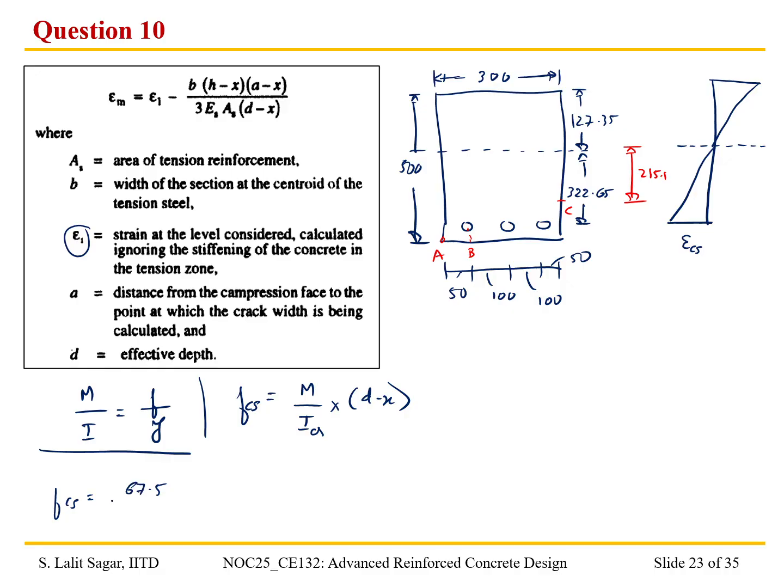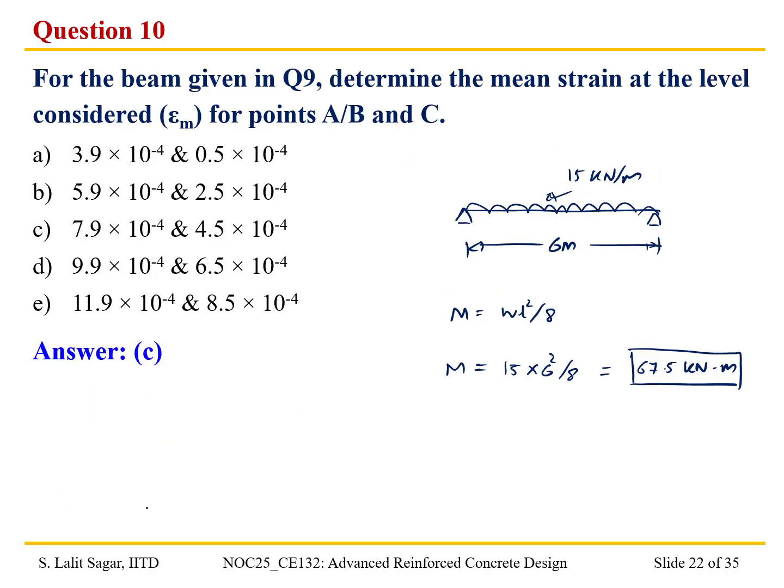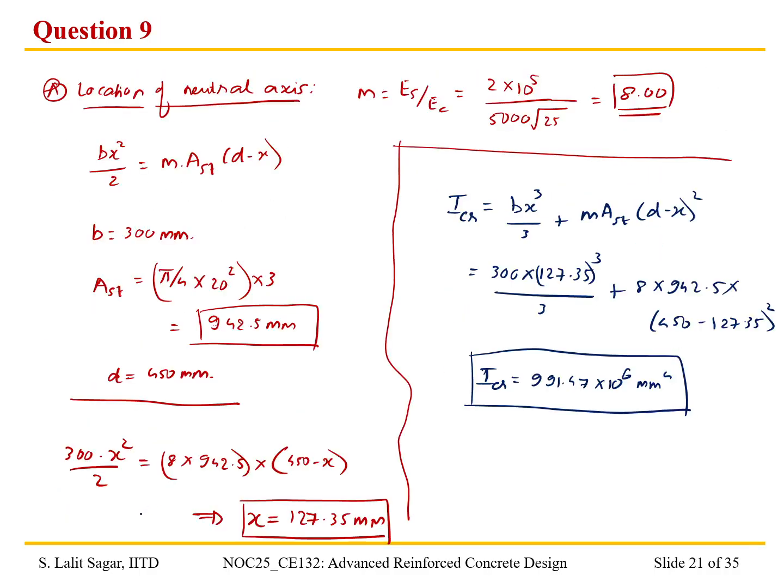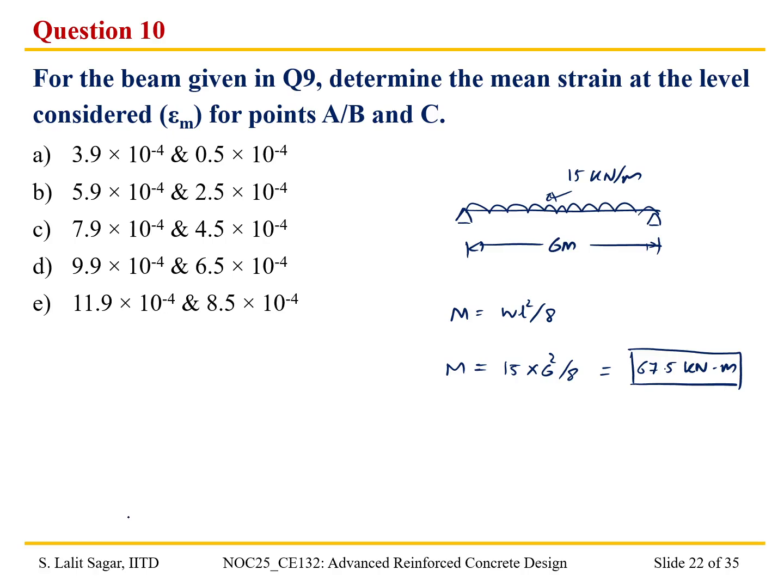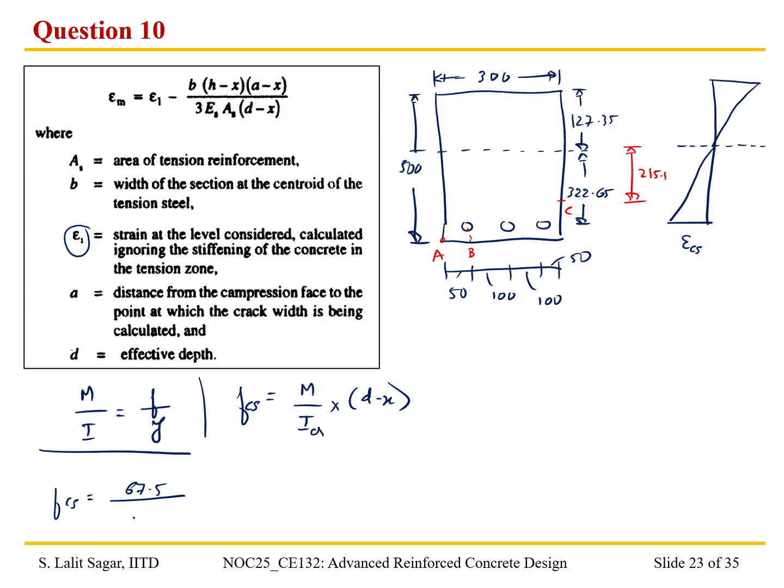Divided by what is ICR? ICR is 991.5, right? Yeah, 991.5 into D minus X, that is 450 minus what is the value of X? 127.35.